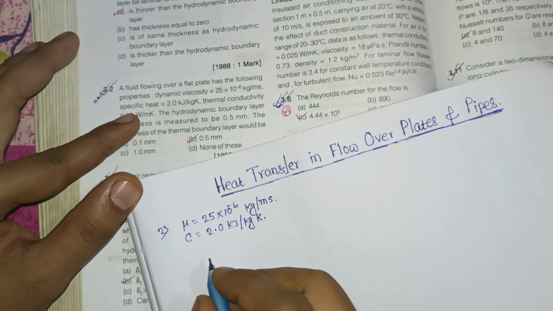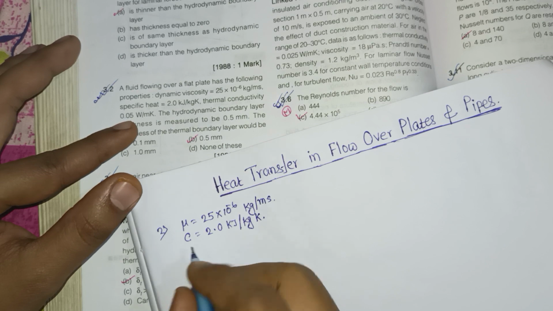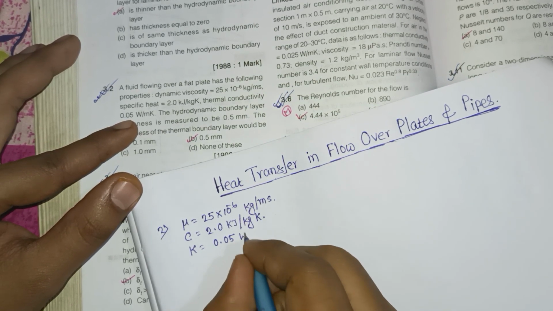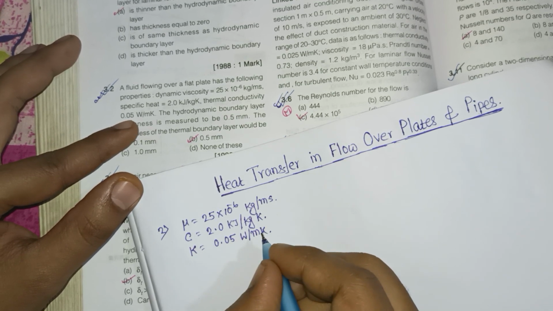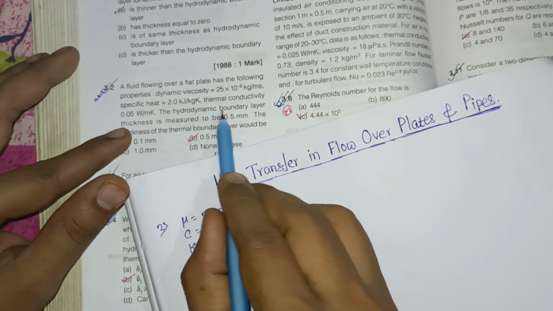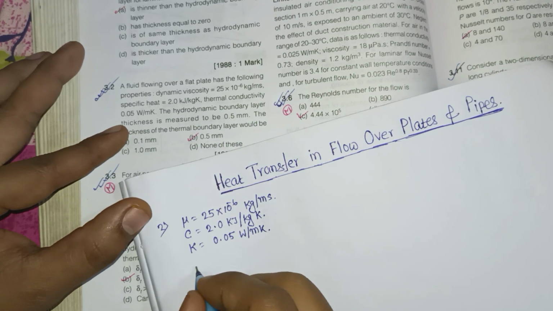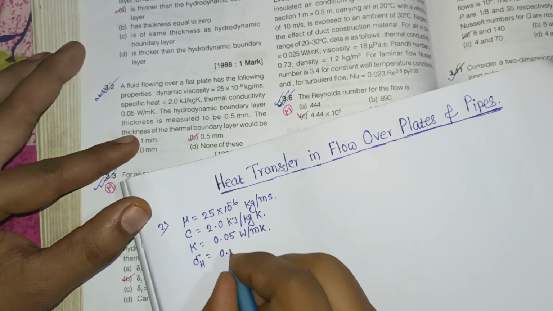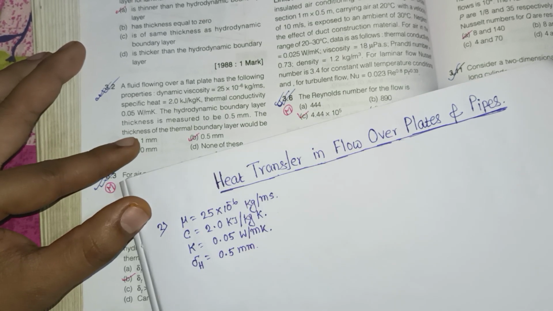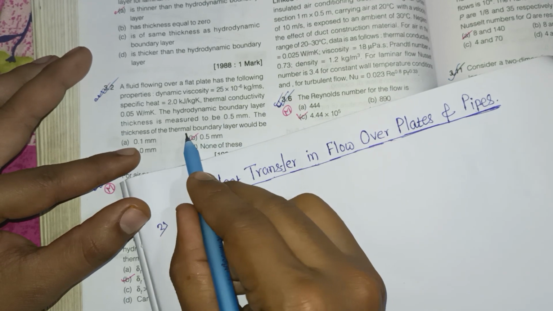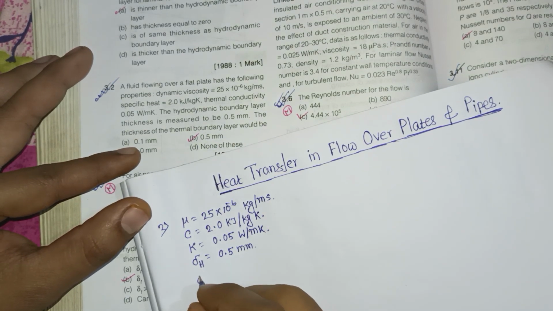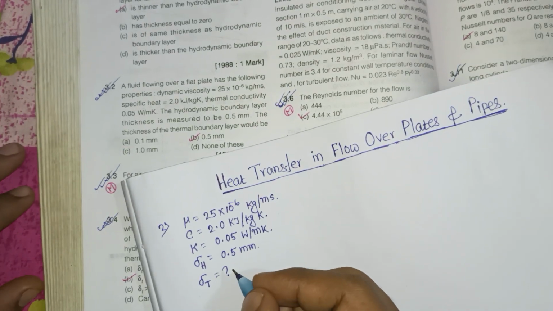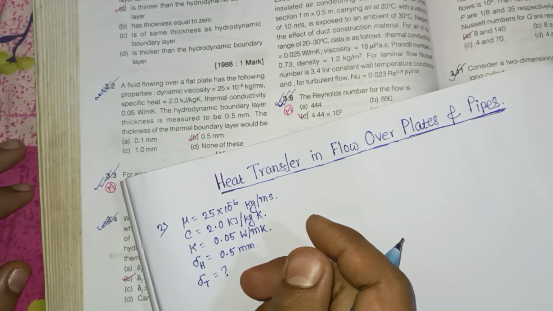Thermal conductivity K equal to 0.05 watt per meter Kelvin. The hydrodynamic boundary layer thickness equal to 0.5 millimeter. So you have to find out what is the thermal boundary layer thickness.